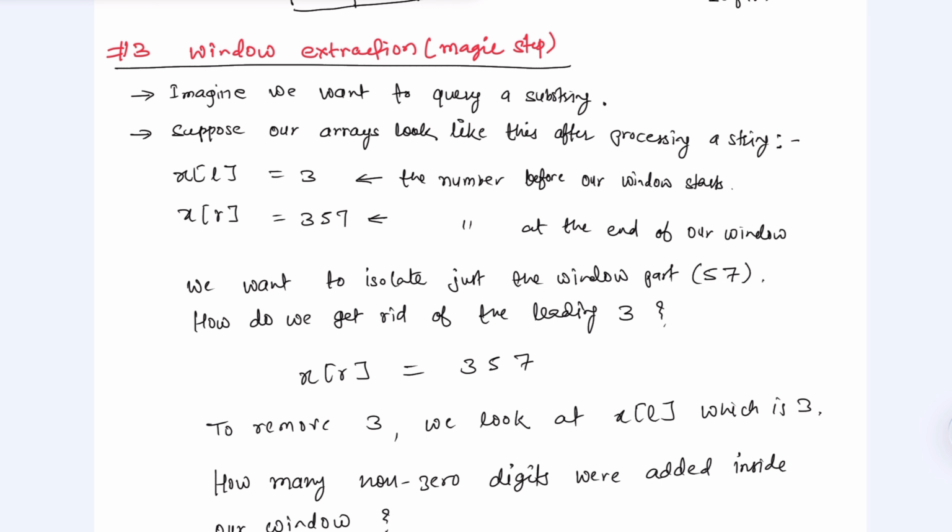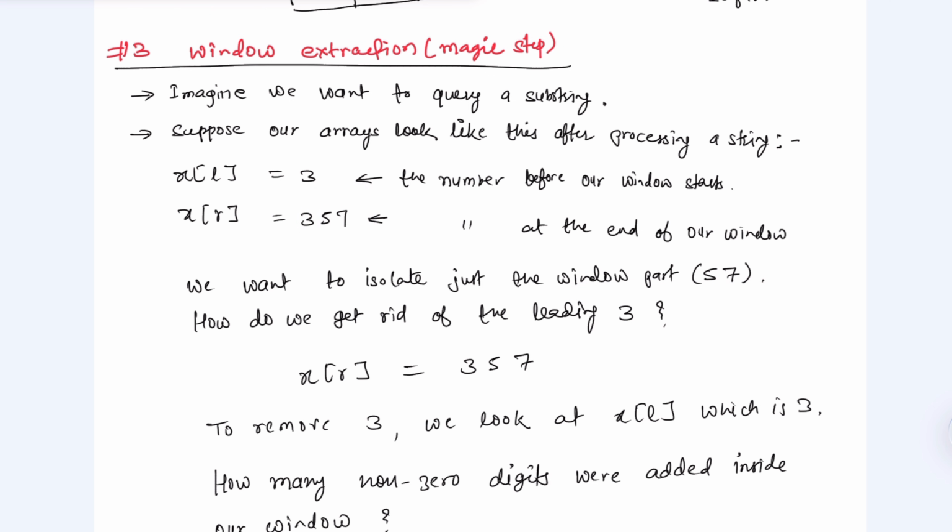Basically this 3 is the number before our window start, and this is the number at the end of the window. The window starts from here and goes till here, like that we can think. So we want to isolate just the window, meaning we are talking about the 57 part.